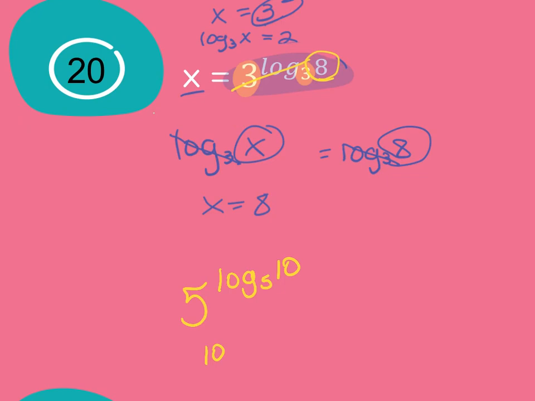So it looks a lot more complicated than it is. If the base on the log is the same as the base in the exponential function, we cancel those and keep the exponent. It's the same in reverse. Now it's an exponential function. If the base in the exponential function is the same as the base in the log in its exponent, we can cancel through it and keep what's next to it.